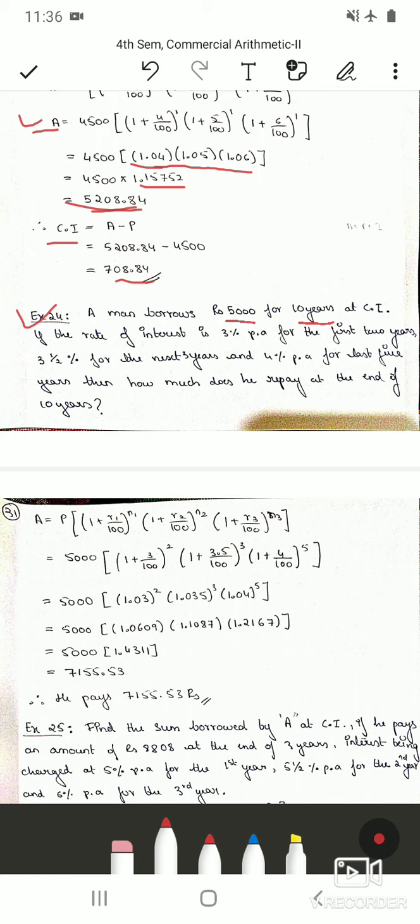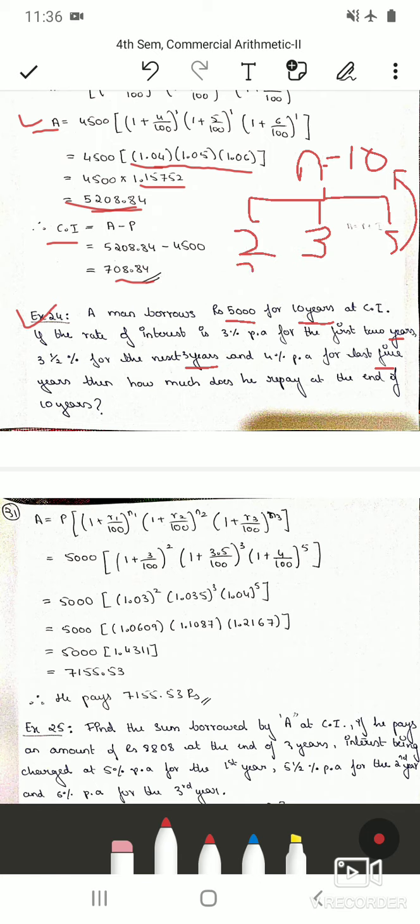So this N, which is 10 years, is divided into 3 parts. First they have given the first 2 years, then the next 3 years, and then the remaining years, that is 5 years. So when you add, 3 plus 2 is 5, 5 plus 5 is 10. So this 10 is divided as the first 2 years, then 3 years, then 5 years.